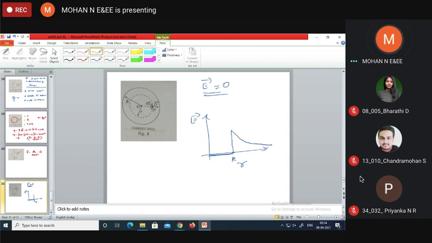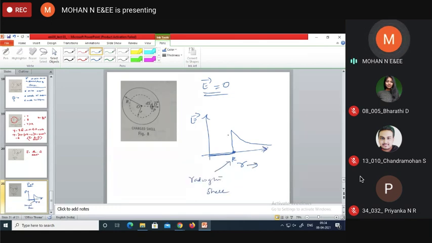As r tends to increase, the E tends to decrease. So this is the variation of field intensity with respect to r. This is the shell.